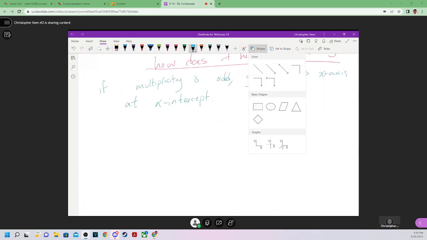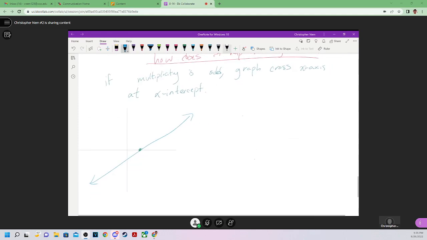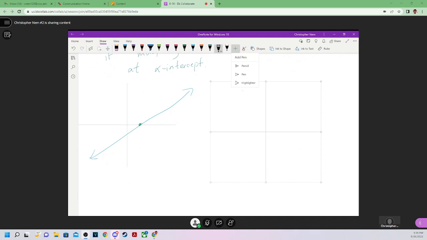An example like that, you might have something along the lines of, let's say your x-intercept is over here. You can have something like this. You can also have something like this, if it's a higher degree. If your multiplicity is odd and higher, all it means is that it's going to oscillate more.